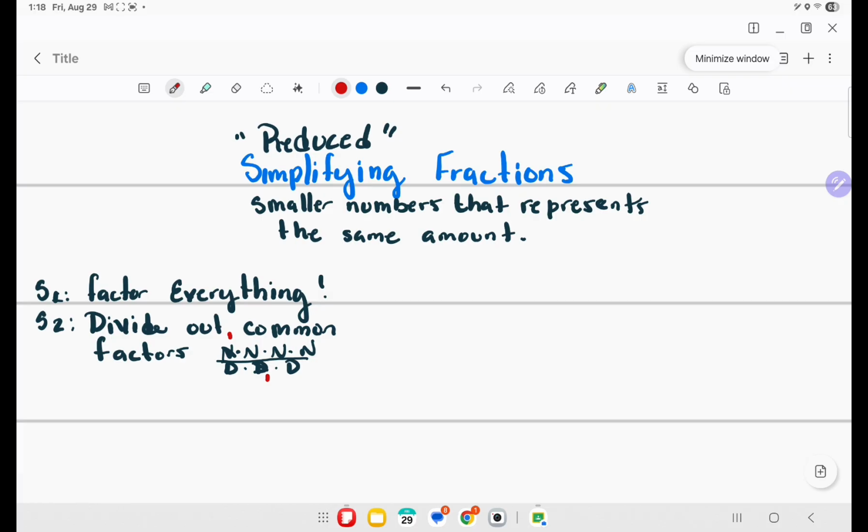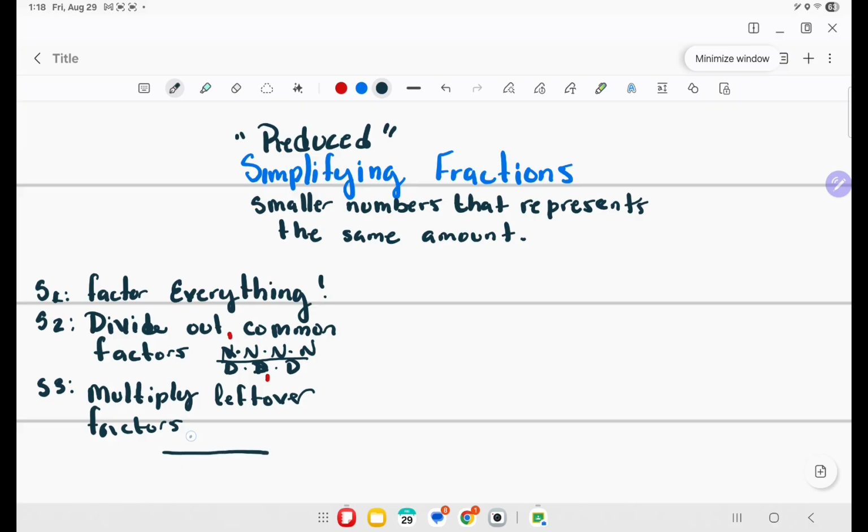All right? Let's go into step 3. Step 3 is to... Oh, we only have 3 steps for this. That's fine. That's cool. Multiply the leftover factors. Multiply the leftover factors. All right, this is what I mean by that.